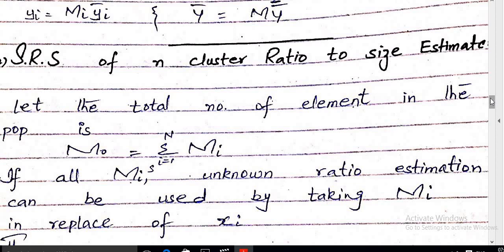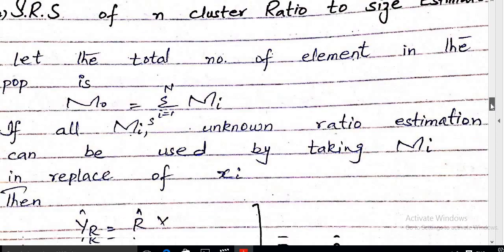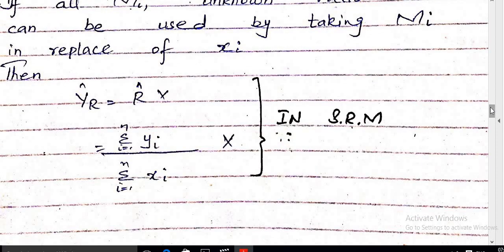If all mi's are known, the ratio estimate can be used by taking mi in place of xi. Therefore y hat r is equal to r hat times X, where r hat is the ratio of the sum of i from 1 to small n of yi divided by the sum of i from 1 to n of xi, multiplied by capital X.